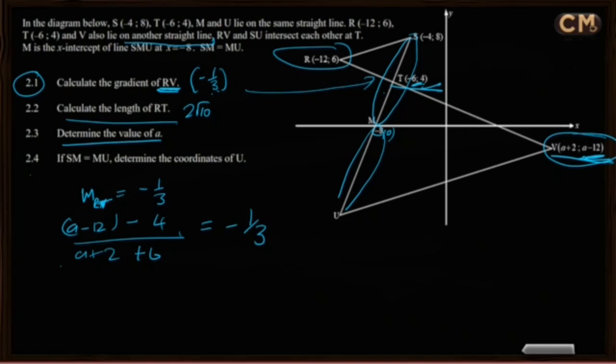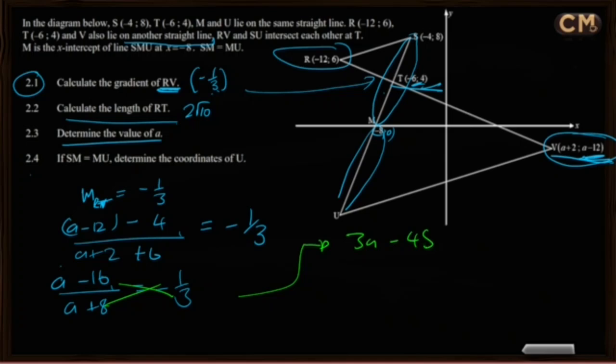So let's just simplify everything. We'll have A minus 16 at the top, and then A plus 8 at the bottom. That's all equal to -1/3. If we then go and cross multiply everything, we'll find that we'll have 3A minus 48, all being equal to -A minus 8.